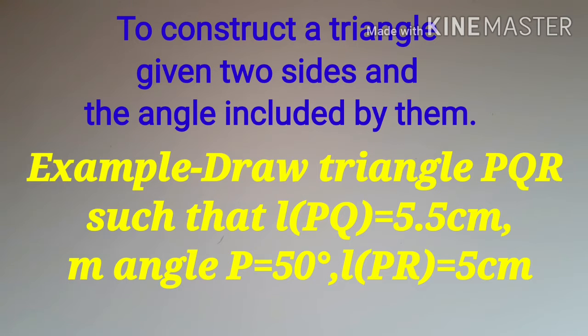That means we are given the measurements of two sides and one angle, and we have to draw the given triangle. Now for that you know that we have to draw a rough figure first. Without a rough figure we cannot draw any triangle.